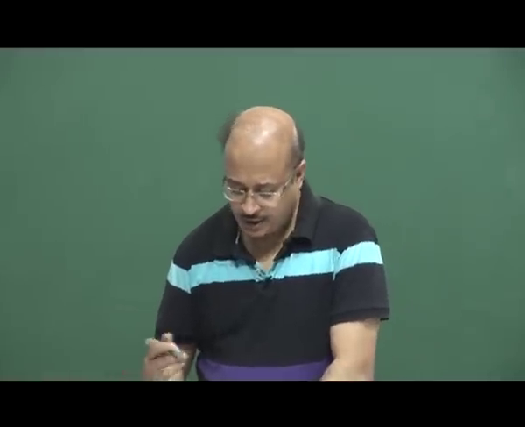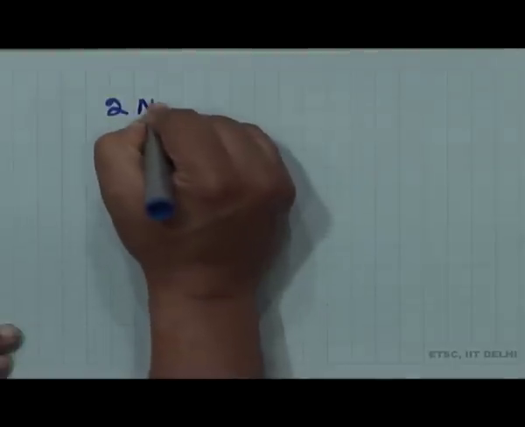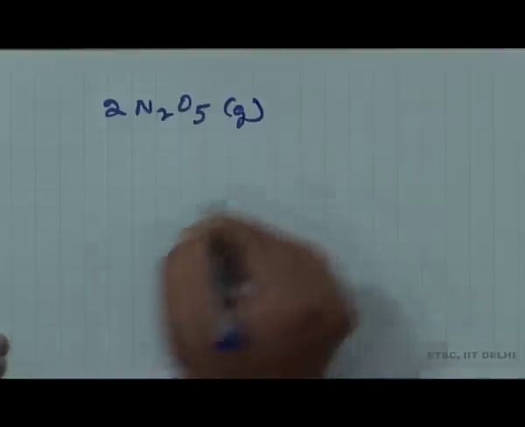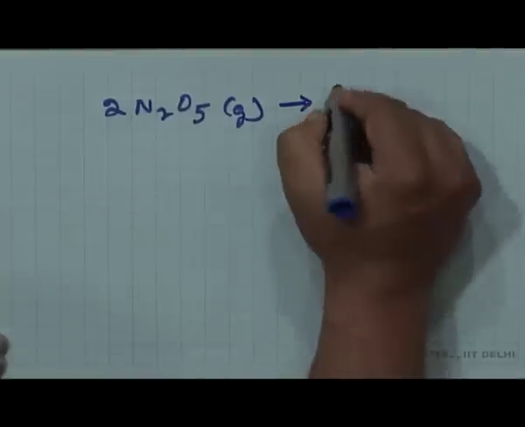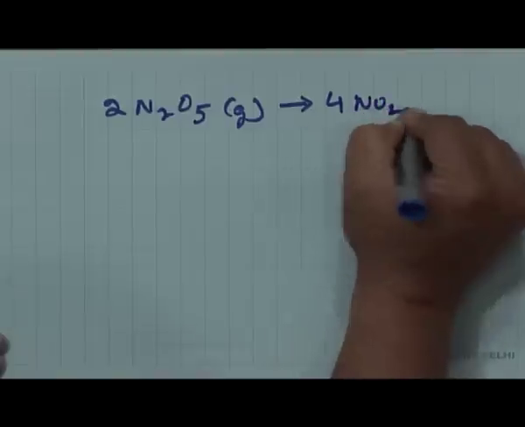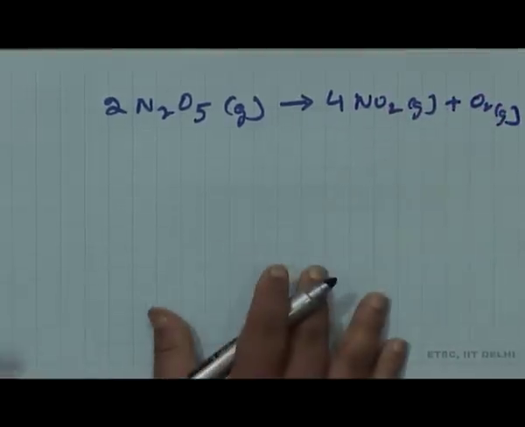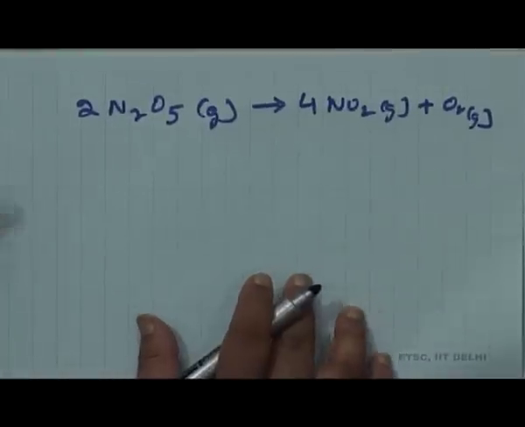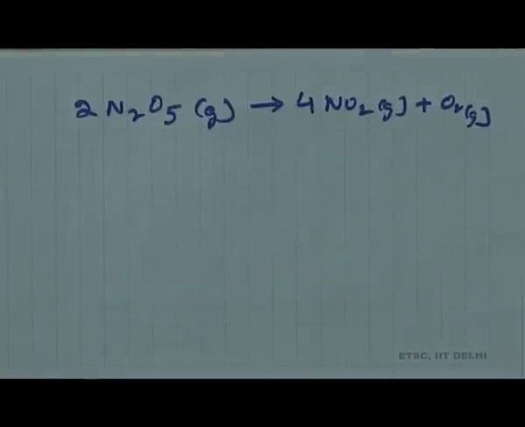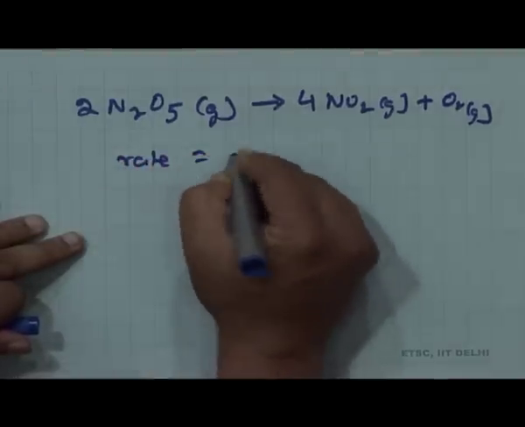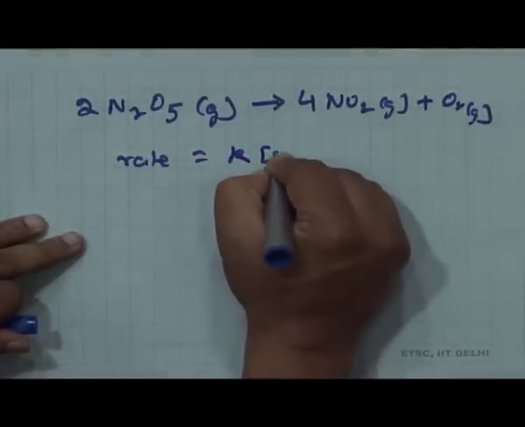So, what I mean is, for example, take this following decomposition reaction: 2 N2O5 going to 4 NO2 gas plus O2 gas. Okay. So, this is the reaction I am following. I am told that this reaction also follows first order kinetics, that means rate is equal to k times [N2O5].